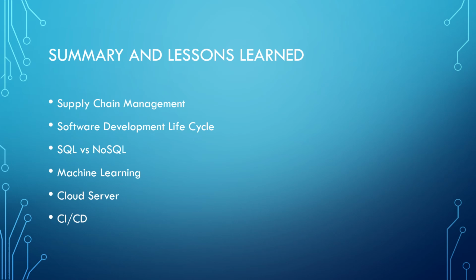I also learned machine learning algorithms, including predictive models and data analysis by linear regression and gradient boosting. Additionally, I explored cloud servers, particularly AWS, gaining insight into its infrastructure, various features, and benefits for scalable and reliable cloud computing.